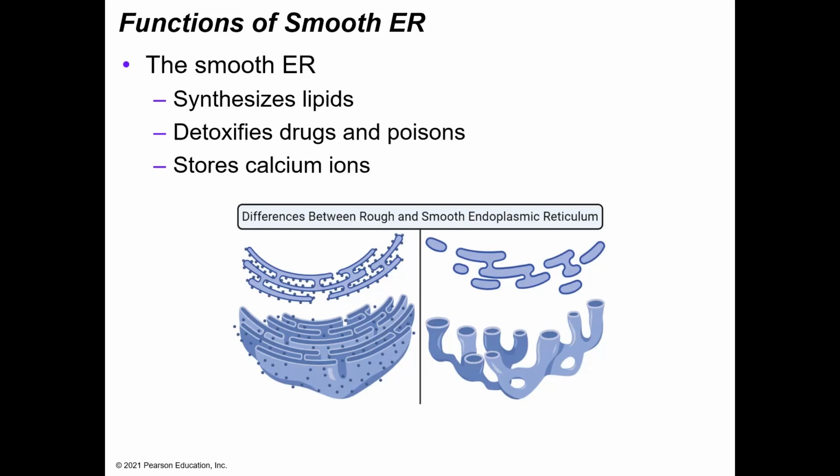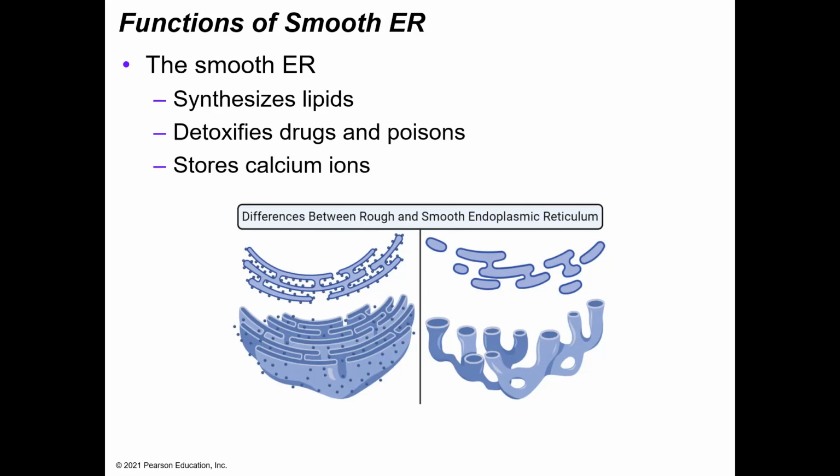And so if you are a cell and you have a lot of smooth ER, you're probably related to a function based on detoxifying. So if we think about humans, the organ that is responsible for detoxifying things in our bodies, in our blood, would be our livers. So your liver cells are filled with a lot of smooth ER. And the liver cells then are responsible for detoxifying our blood and keeping it clean.